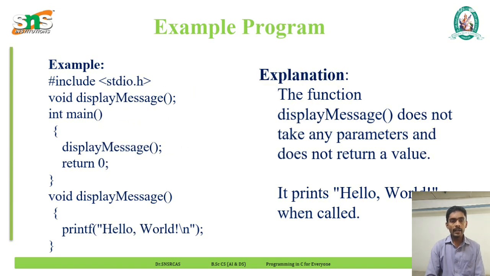So here is an example. It has #include for the standard input output header file. There is a function prototype or function declaration, void display message, and then the main function. Inside the main function, the display message function is called, and the function definition follows the main function: void display message. Inside the display message function, there is a hello world printf statement. Here, from the main function, the display message function is called, and the display message function shows hello world when the function is called or invoked.